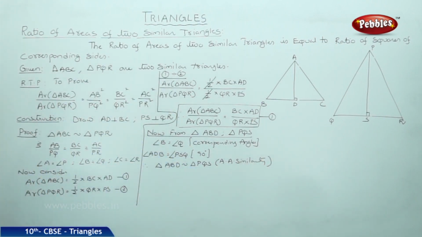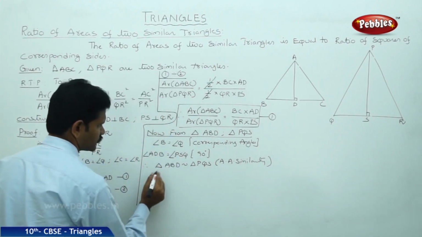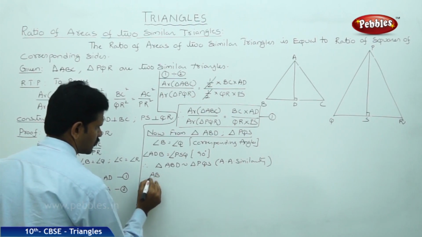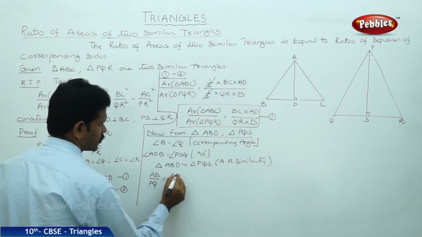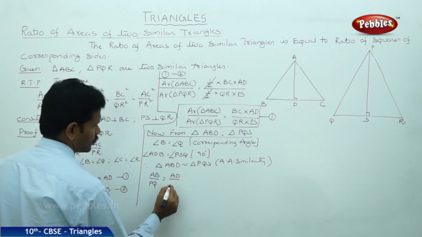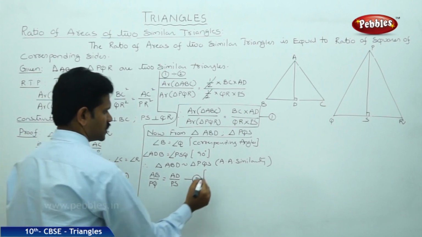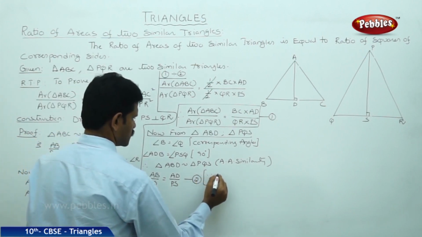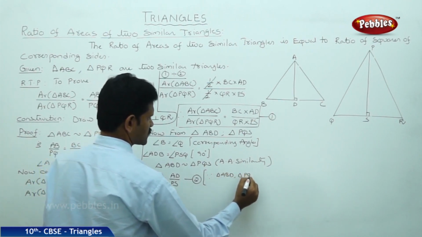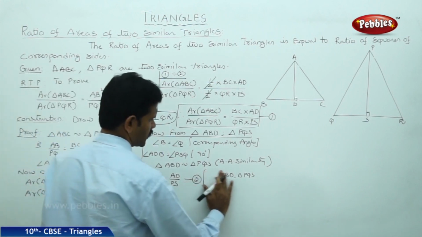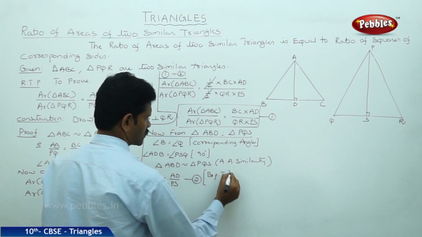From this we can write AB by PQ is equal to AD by PS. This is equation 4, or else simply you can write from BPT.